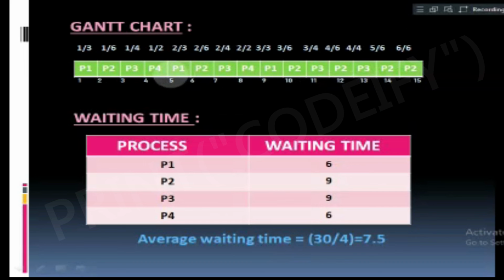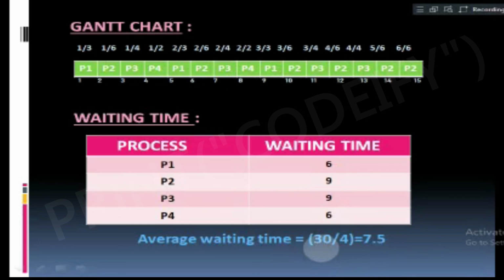Before that, it has 3 to 4, 7 to 8, 10 to 11, 12 to 13. So which gives 9. And P4 completes at 8. Before that it has 4 to 5 and 8 to 9, which gives 6.